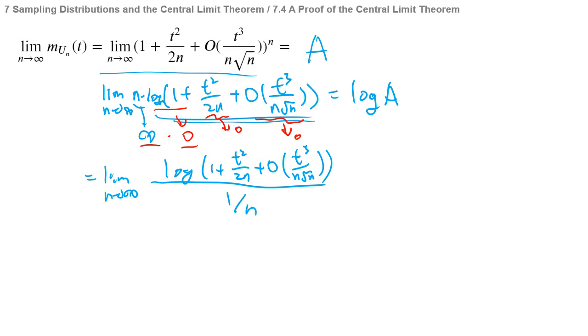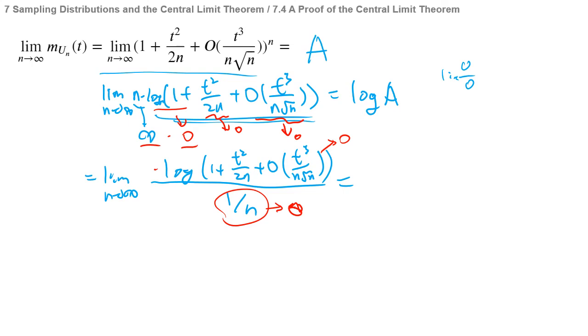Now this part goes to 0 as n goes to infinity, and the upper part also goes to 0. So now we can apply L'Hopital's rule. This looks like 0 over 0, so we can apply L'Hopital's rule to the numerator and denominator.